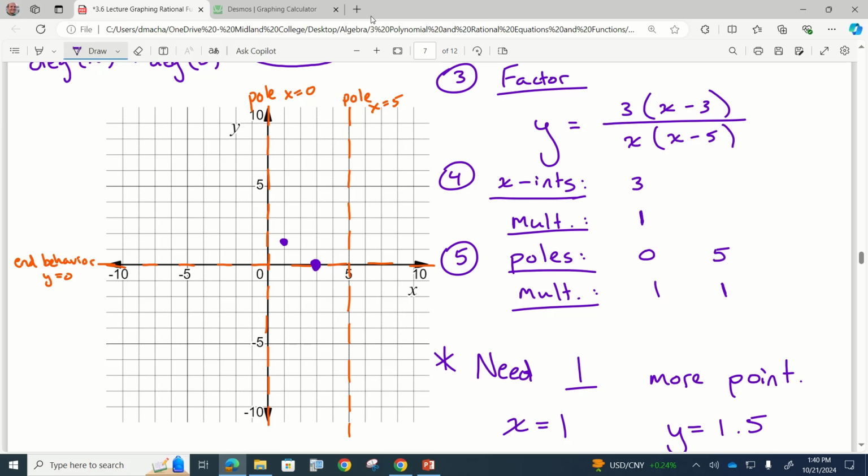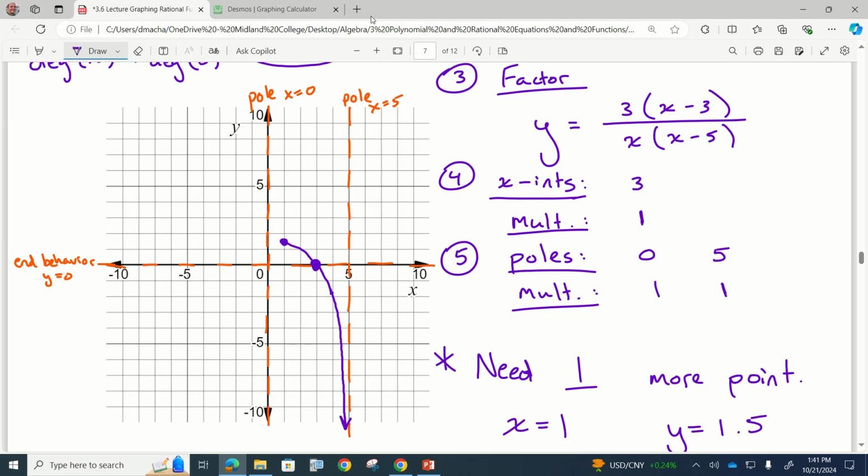So let me put my pencil down here, and I'm going to move to the right. As I'm moving to the right, I connect the dots, and then I think, okay, now that I'm here, should I cross the axis or should I bounce off? I cross the axis, because that x-intercept has an odd multiplicity. And then I keep going. As I approach this pole, I have to go up or down. I can't cross it. And this time I have to go down because I can't go up.